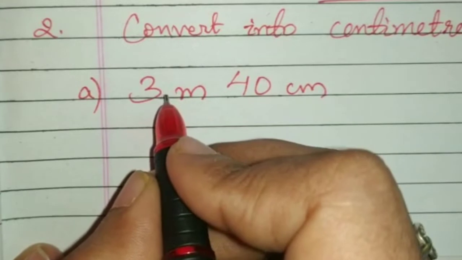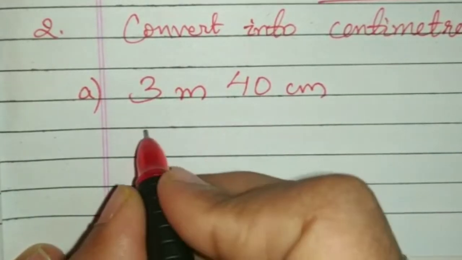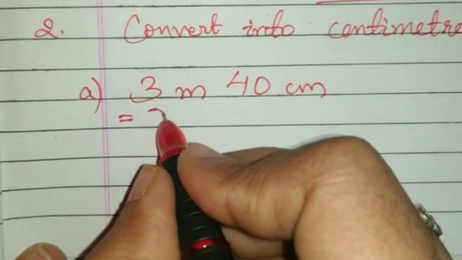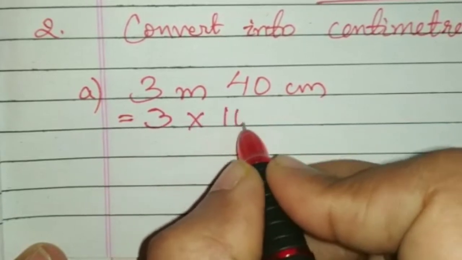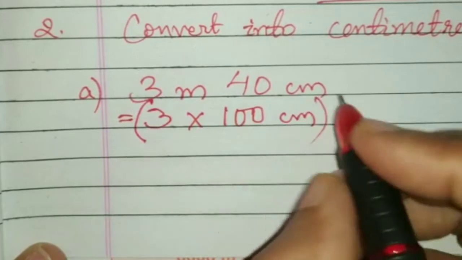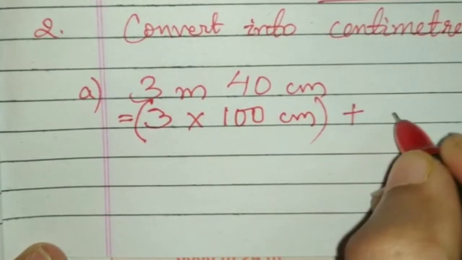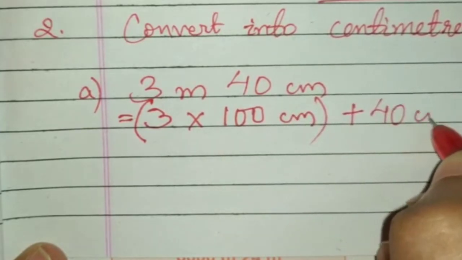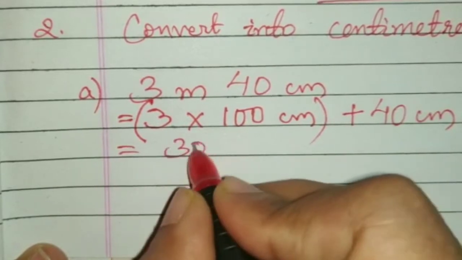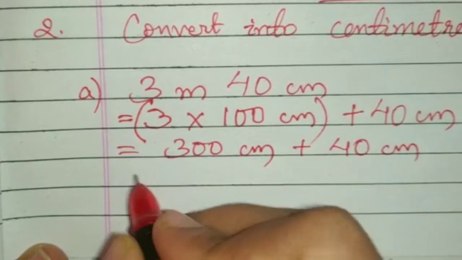Now this one you will convert to centimeter and you will add this too. Okay, how to do? Let's see. Put equal to. Now this 3 meter is equal to how many centimeter? 3 into 100, because you all know 1 meter is equal to 100 centimeter. Now this plus 40 centimeter. Let's do 3 into 100, 300 centimeter plus 40 centimeter.